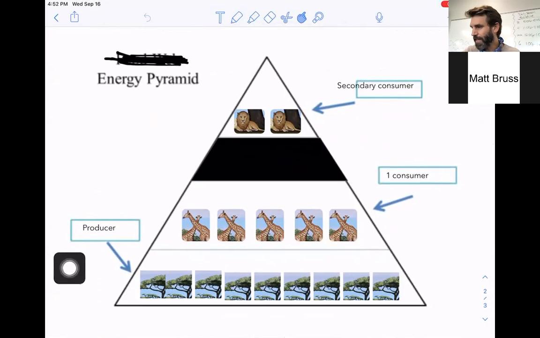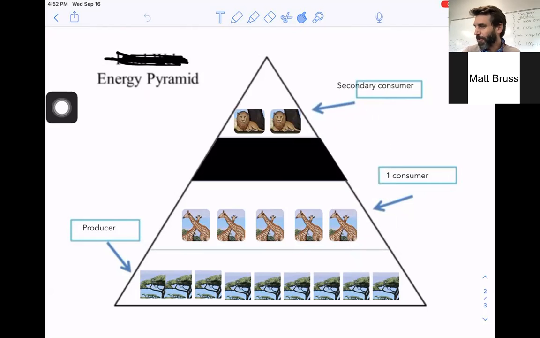And we talked about how the bottom layer of the pyramid is always the producers. The next layer up is the primary consumer. You can see I wrote one consumer there. I couldn't find the little degree sign to make that primary consumer. And the level above the primary consumer, at the top, is the secondary consumer.